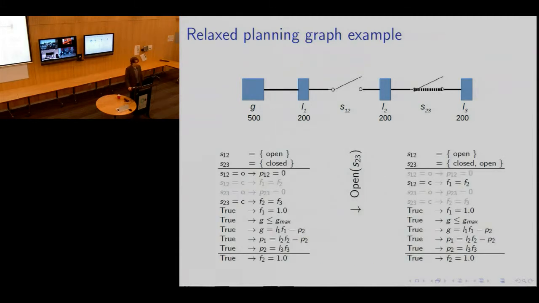So we try applying this, that is opening this switch over here, and this switch now gets into a superposition of open and closed. That is, no value is removed from a set, but we get this new value which is open.